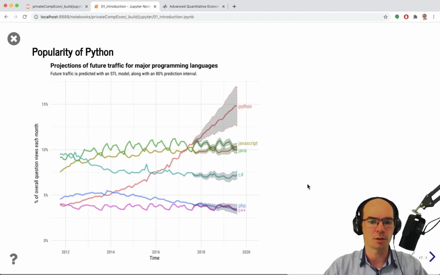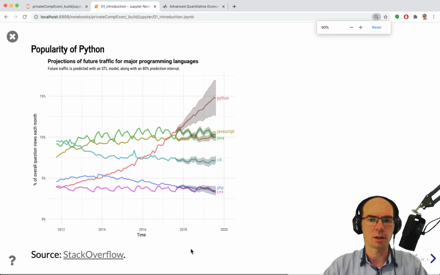So here's a somewhat old now graph. You can see that the projections start from somewhere around here. But this is the popularity of Python. This is measured by the overall question views each month, and the data comes from Stack Overflow.